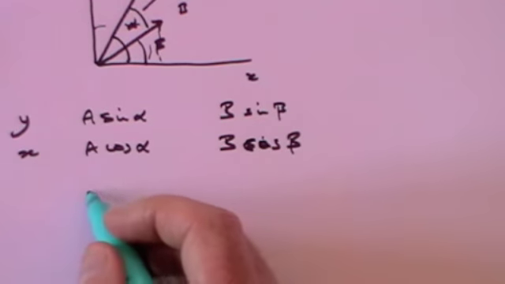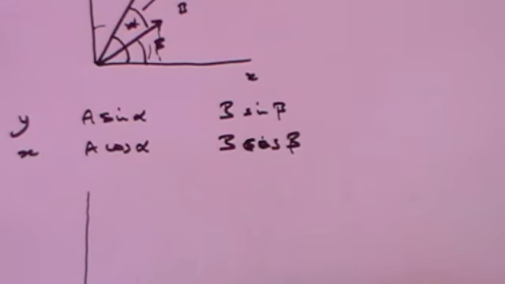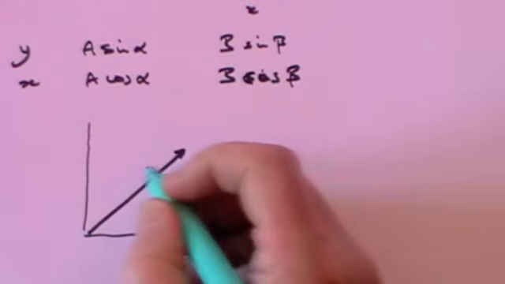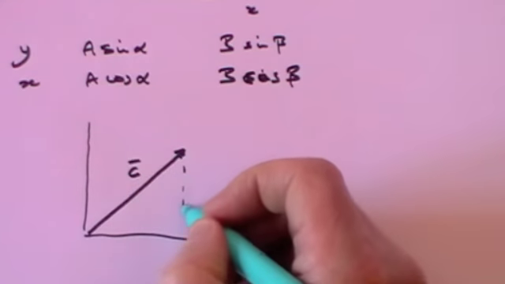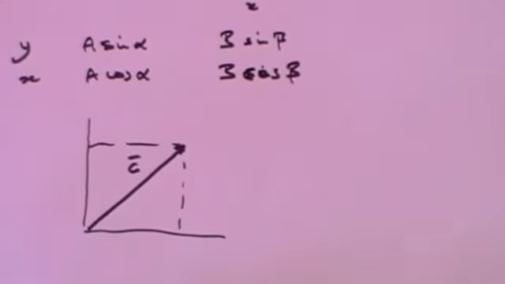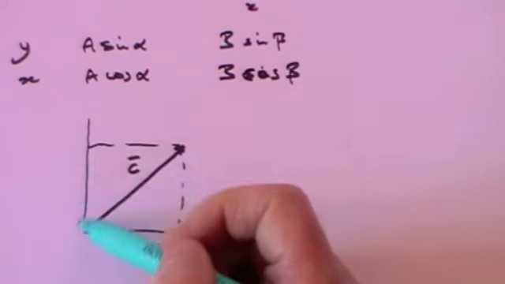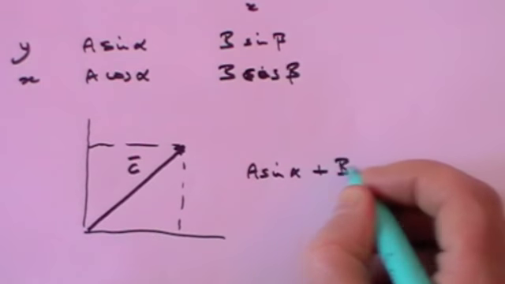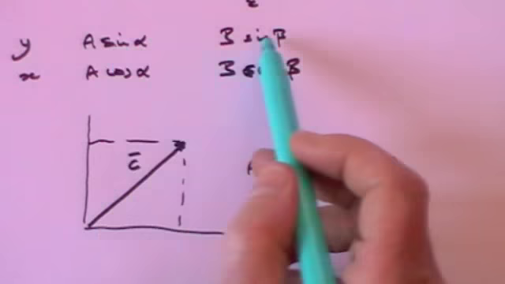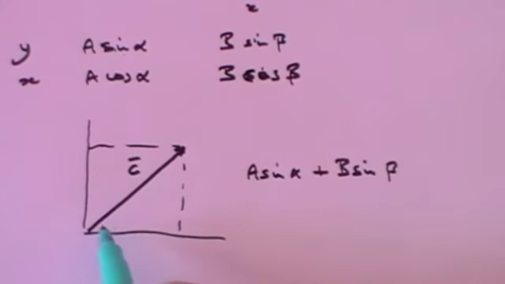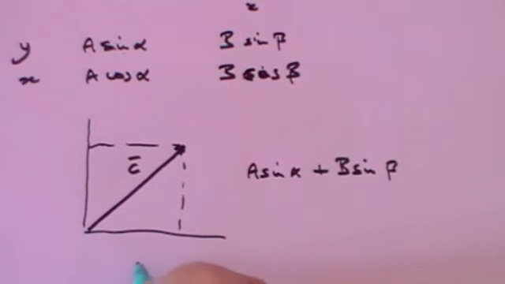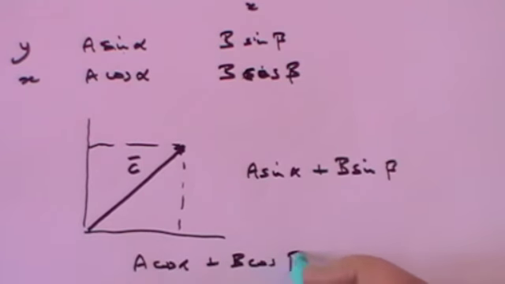So the resultant force, which will be C, will have in the y direction A sine alpha plus B sine beta, and in the x direction, A cosine alpha plus B cosine beta.